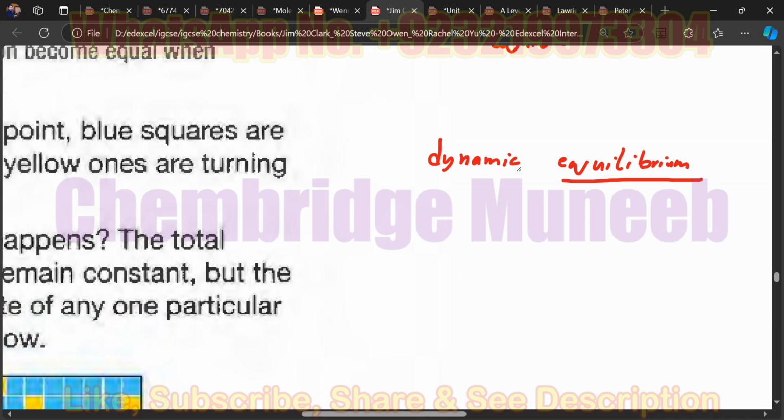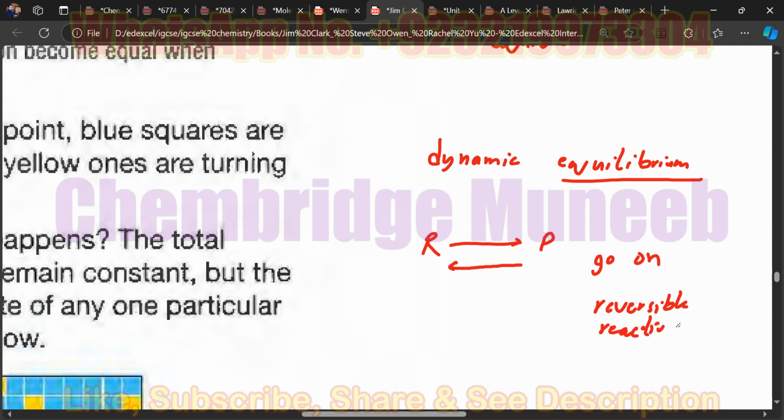Yes. Okay, dynamic equilibrium means that the reaction occurring from reactants to the products and from products back to the reactants will still go on. It will not stop. The reaction from reactant to product and from product to reactant, in other words the reversible reactions, are still going on.